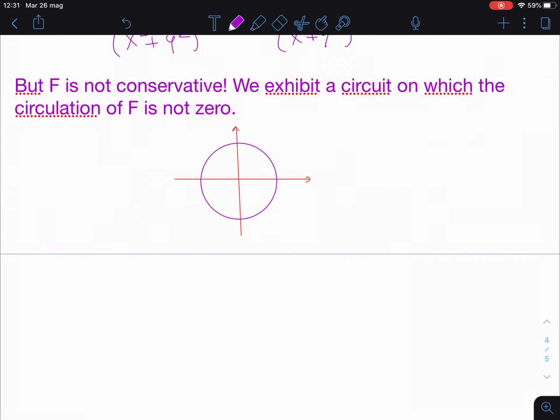Here this is a circuit, and we can define gamma as r of t given by cosine of t, or if you want, capital R cosine of t, which is the x component, capital R sine of t, and then 0. Remember that in all these examples the third component is totally irrelevant.